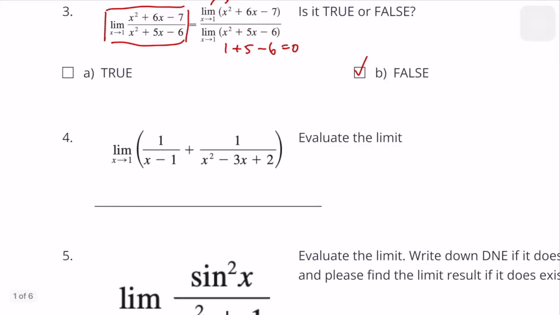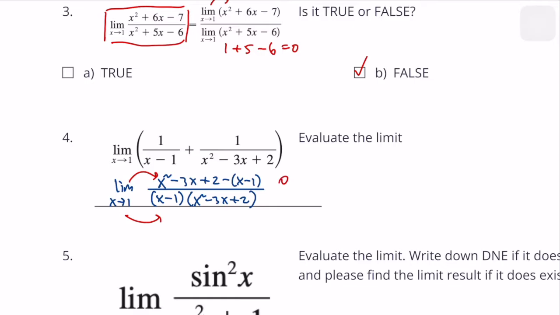All right. Now the fourth question. We can check first the limit. How to check? We can simplify first, combine all this together. And then checking the limit as x approaching 1. Checking here, it's going to be 0 over 0, so we can try to factorize this.